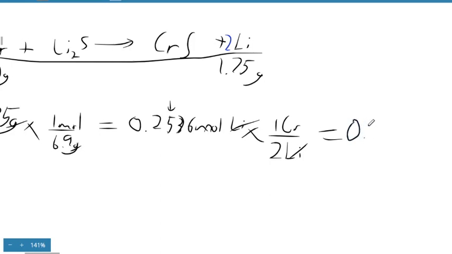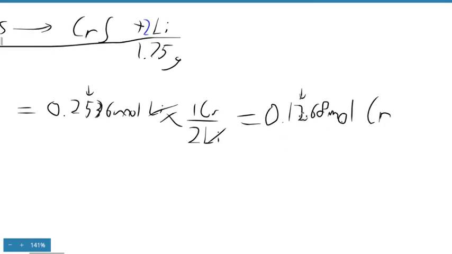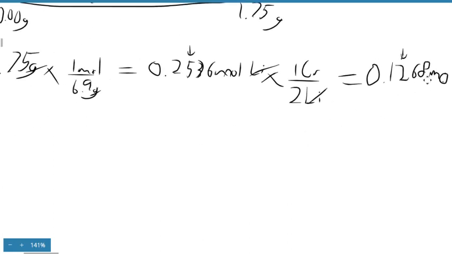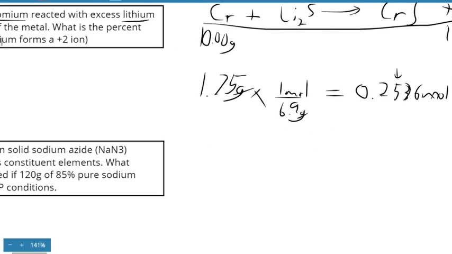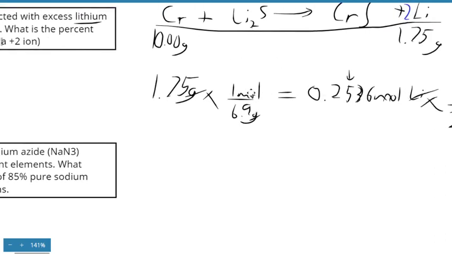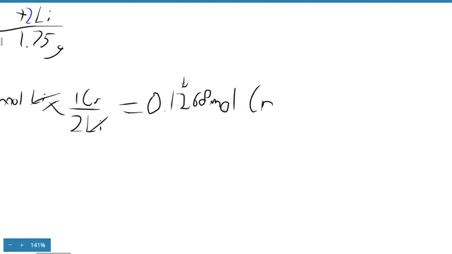So divide by 2 gives us 0.1268 moles of chromium, 2 sig figs. Then from here, now that we have the moles of chromium, we can find out the amount in grams that were reacted.